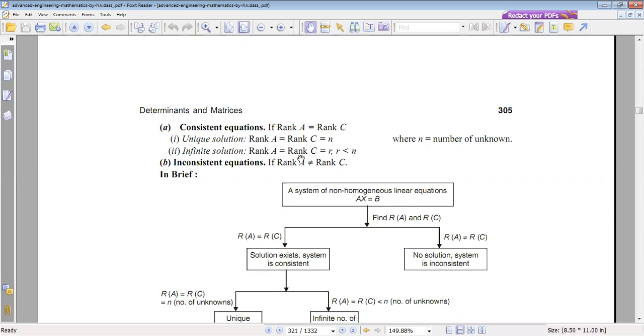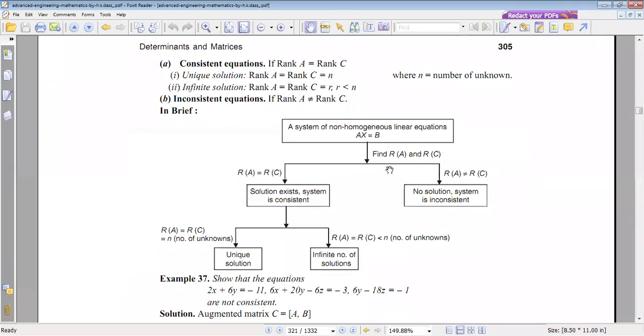Now come to the point: inconsistent equations. Inconsistent means there is no solution. So if rank of A is not equal to rank of C, then the system has no solution.